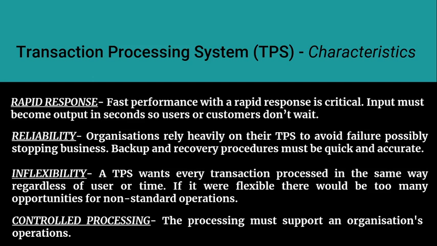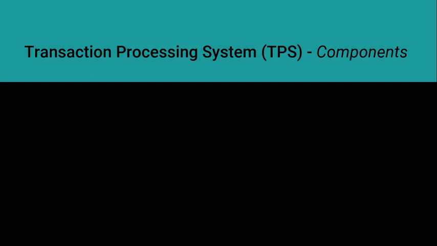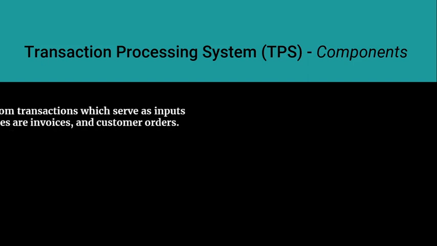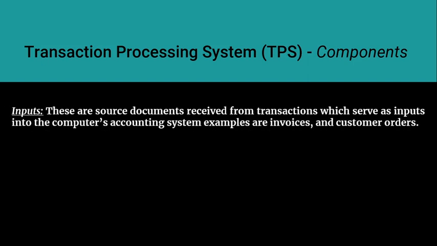Right? Next, we move on to the components. What are the components of a transaction processing system? First, the important thing is input. For any type of system to run, it should have inputs as the first component, that is the source.